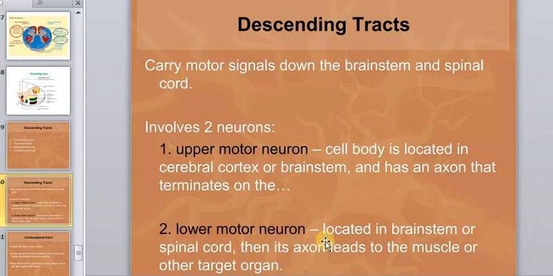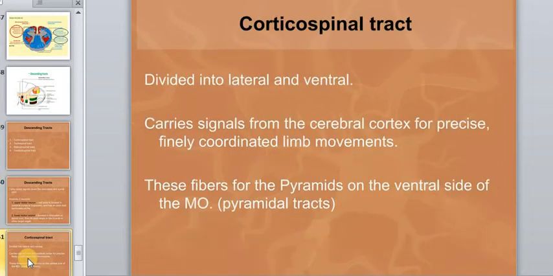This motor neuron is located in the brainstem or spinal cord, and its axon leads to the muscle or other target organ. The corticospinal tract, divided into lateral and ventral, carries signals from the cerebral cortex for precise, finely coordinated limb movements.